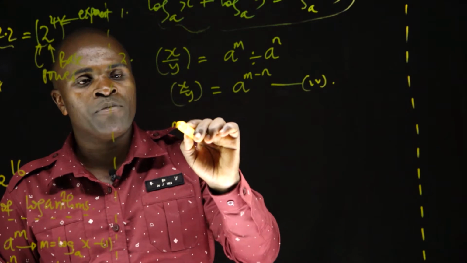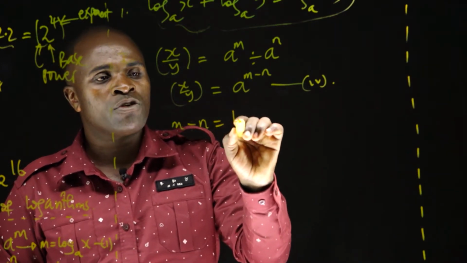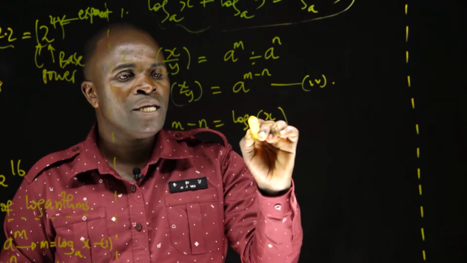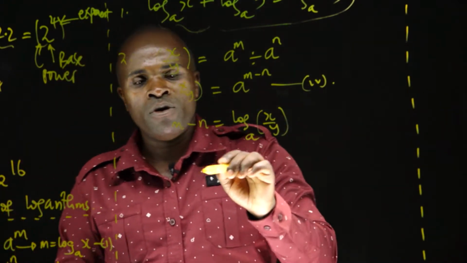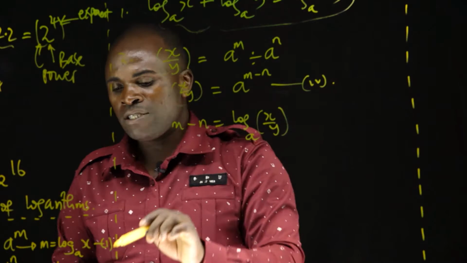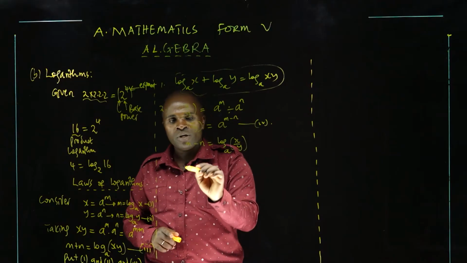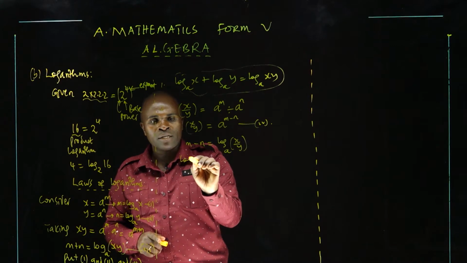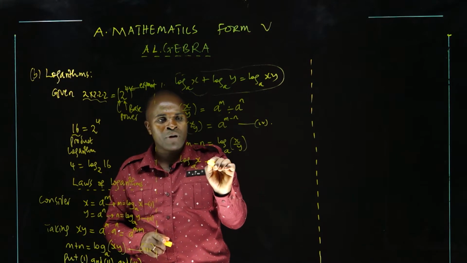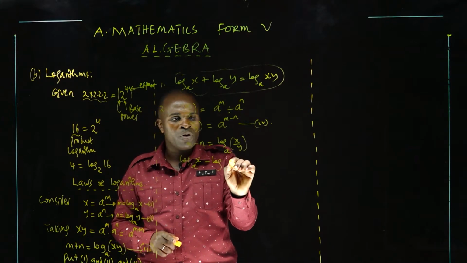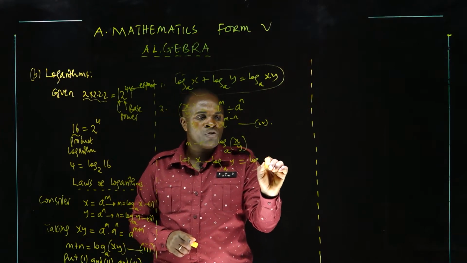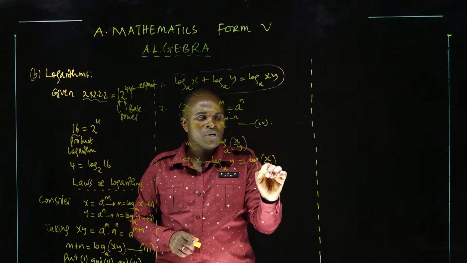So we have m minus n equals logarithm of x over y base a. But we know the value of m and n from equations 1 and 2. We say here, in m directly we write logarithm of x base a, minus logarithm of y base a in n, equals logarithm of x over y base a.